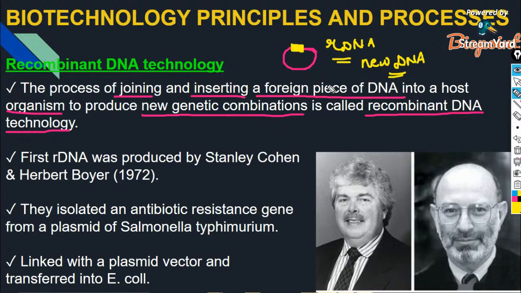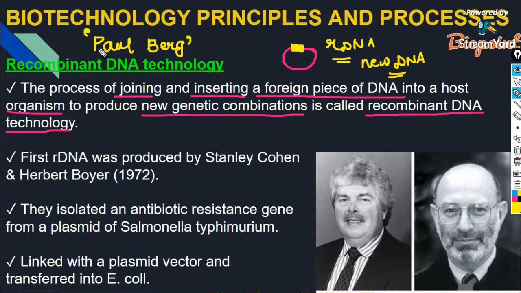Something which I missed in the slide, I'll tell you: the father of genetic engineering. You have to study the name of the father of genetic engineering. That is Paul Berg. I'm not talking about rDNA technology right now, I'm talking about genetic engineering, because I missed an important point.